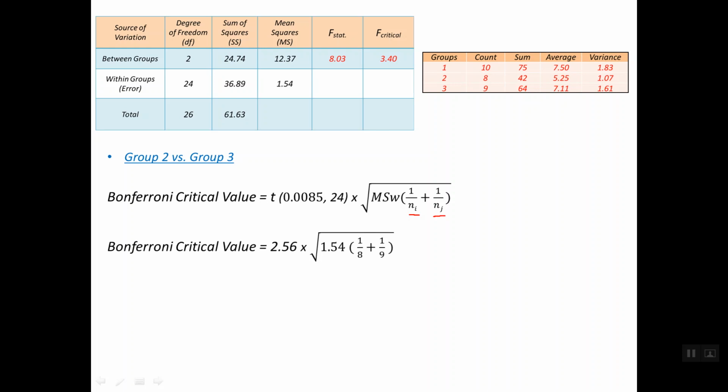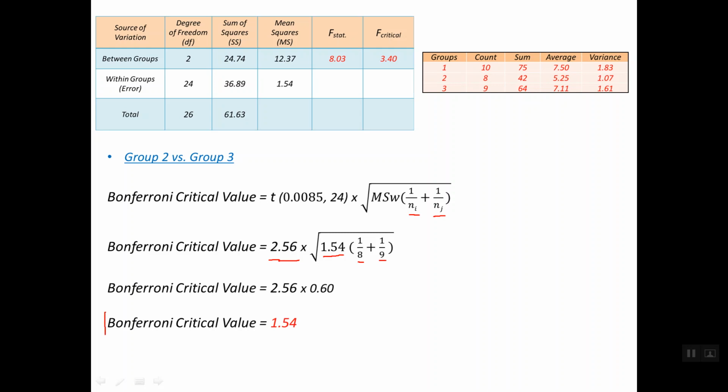So simply we can substitute. This is the value of t. This is the value for the mean square within. This is n2 and this is n3. So if we proceed, we see that the value for Bonferroni is equal to 1.54.